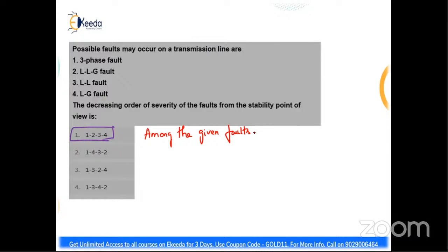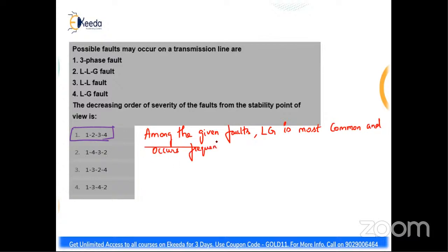LG, that is line to ground fault, is the most common fault and occurs frequently.